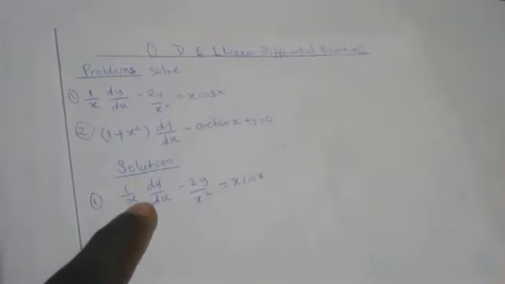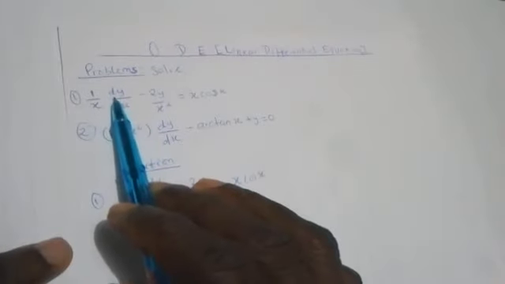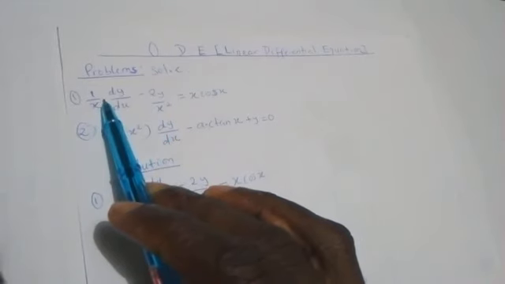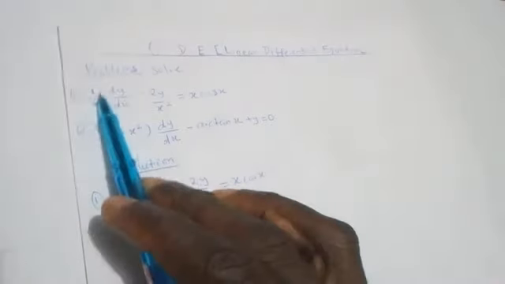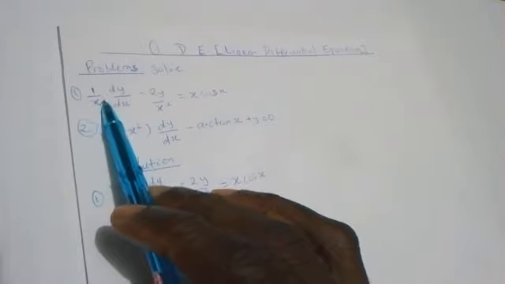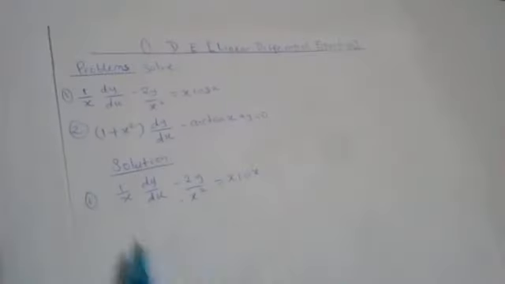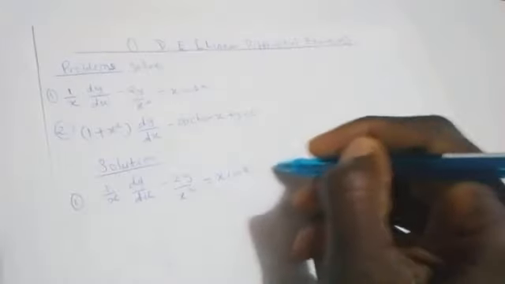Our aim when we say linear equation is to ensure that this derivative does not have either the dependent or the independent variable as a coefficient. You can see dy/dx has a coefficient of 1/x, so we try to remove this. What do we do in this case? We are going to multiply this equation by x.